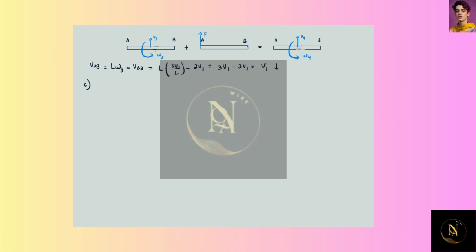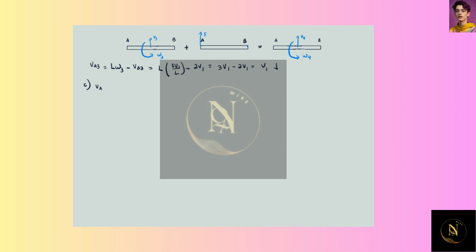So, this produces an impulse at point A. Then, the impact causes the rod to rotate with an angular velocity omega 4 and its mass center now moves with a velocity V4. When the rod hits point A, it bounces off and moves upward with a velocity VA4. And since, again, e is equal to 1, our coefficient of restitution is equal to 1.